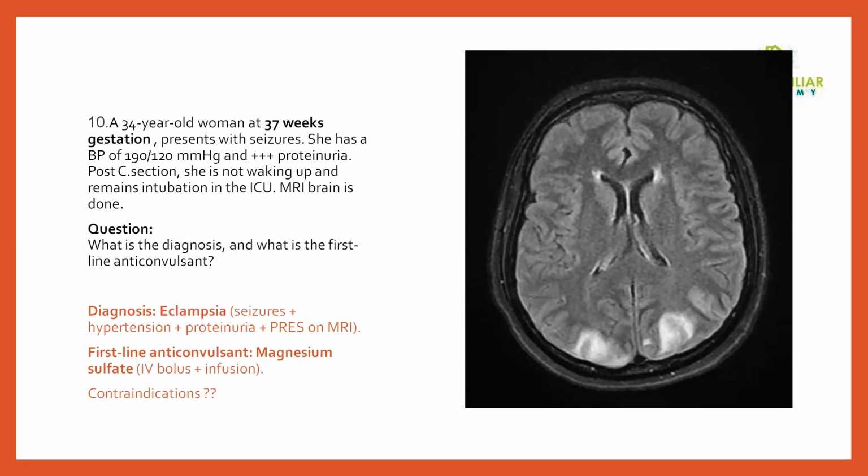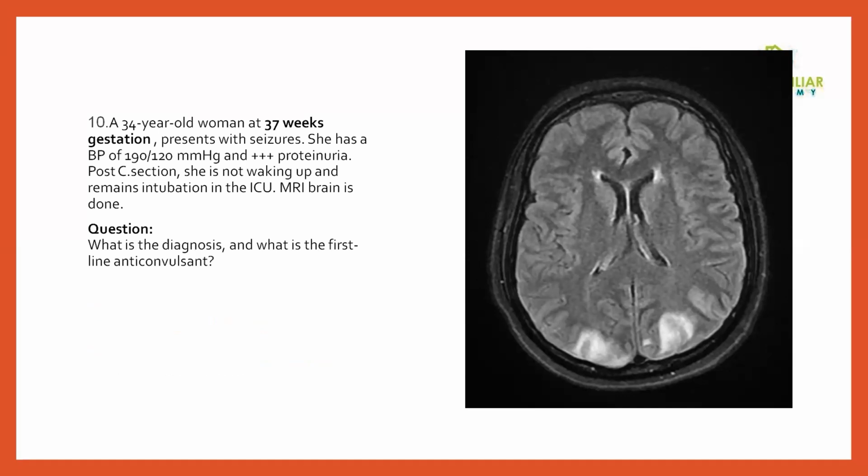Thank you, sir. I'd like to ask about the management of preeclampsia. It's mentioned that we will give an infusion of magnesium sulfate, because generally it's accepted that we start magnesium sulfate when the patient develops seizures.